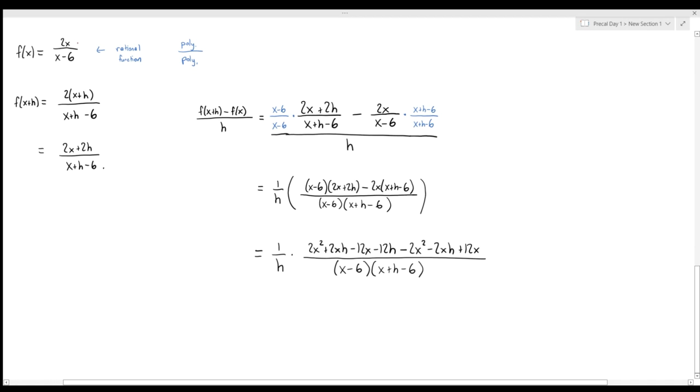Once we multiply it out, some terms will cancel: 2x squared minus 2x squared, and then minus 12x plus 12x. I guess even these terms will cancel, 2xh and minus 2xh. Okay, cool.